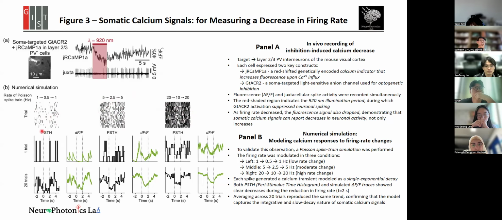Each spike generated a calcium transient modeled as a single exponential decay. Both the histogram and the simulated calcium signal traces showed clear decreases during the reduction in firing rate. Averaging across 20 trials reproduced the same trend, confirming that the model captures the integrative and slow decay nature of somatic calcium signals.